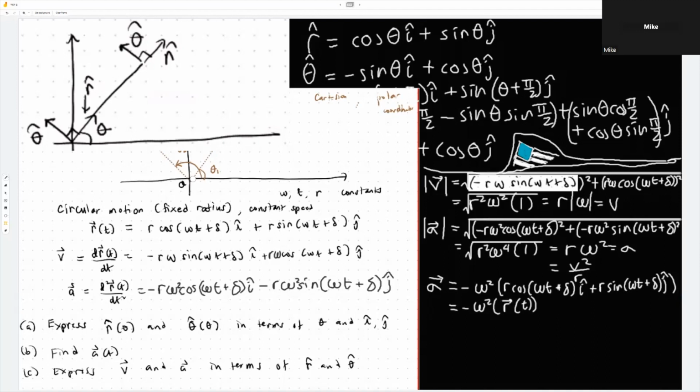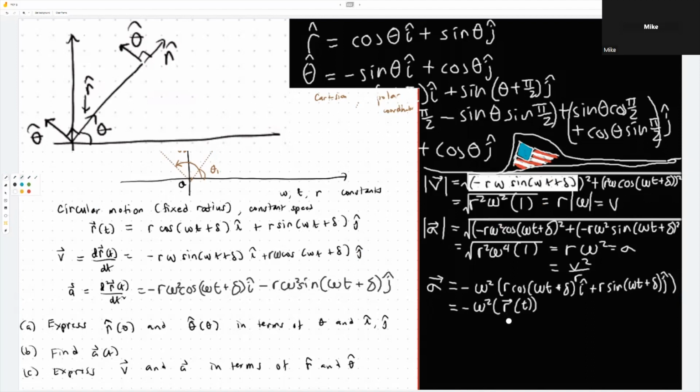Now, towards what is the acceleration pointing? Negative, so clockwise? Let's see. Our circle is centered at the origin. The vector R points from the origin to the point. So the negative of R, what is its direction?